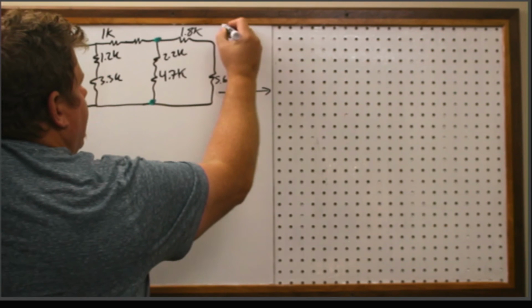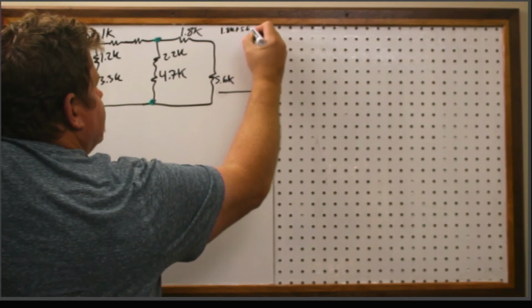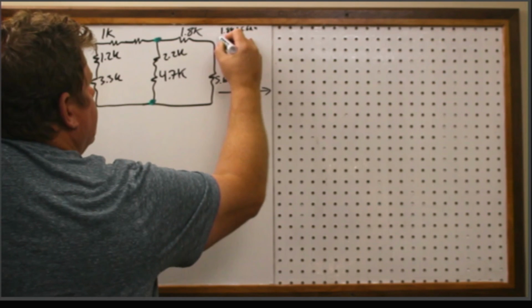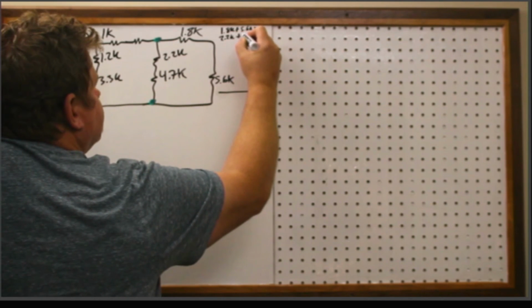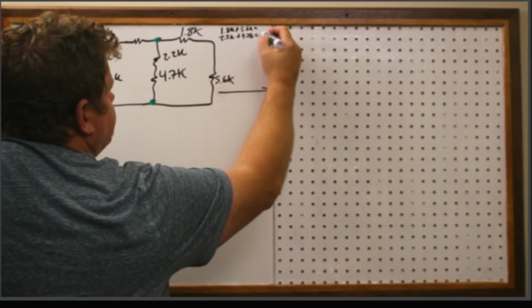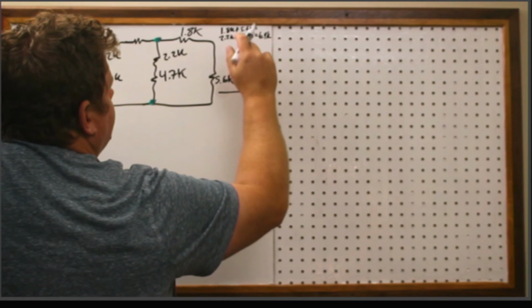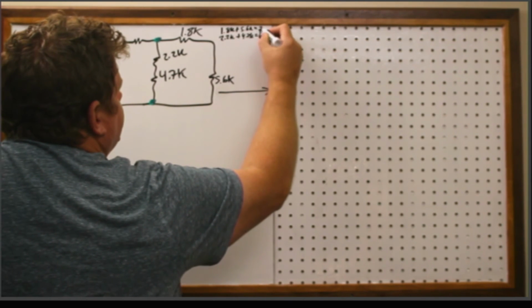So I have to take 1.8 plus 5.6, and I have to take 2.2 plus 4.7. Okay, I know the 2.2 plus 4.7 is 6.9K. And the other one is 7.4K.